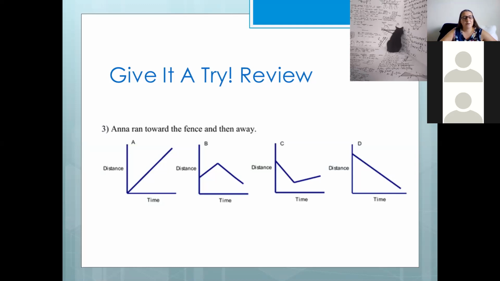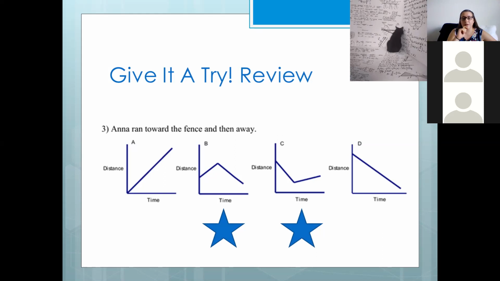All right, cool. So I saw some interesting things happening with this particular question, which is why I like it so much. Most of you probably said C, which is a valid answer, but B is also a valid answer. I saw one of you said B, and that's totally valid as well. It depends on what you choose as your point of origin.